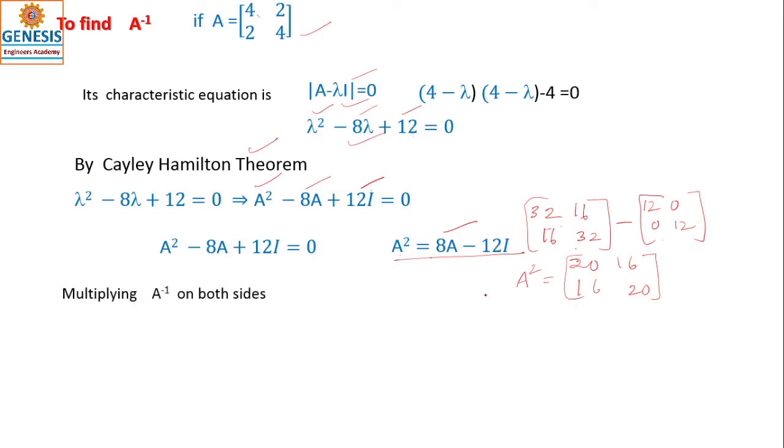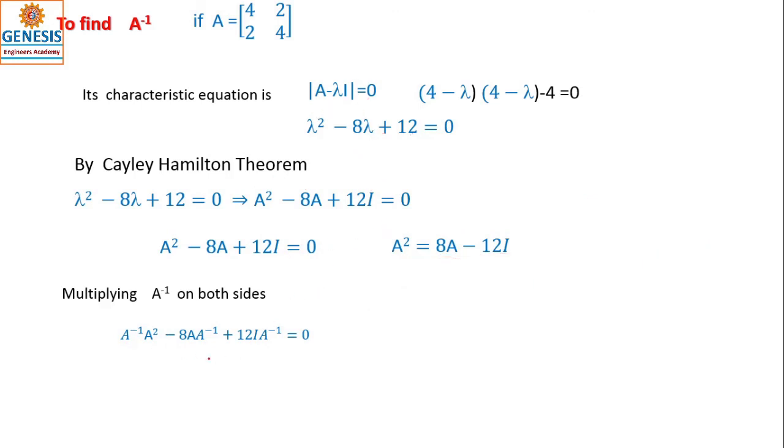If I want to find the inverse, I have to multiply by A inverse on both sides of that equation. I have directly multiplied both sides by A inverse, and A inverse times A is equal to I. So that you have to keep in mind.